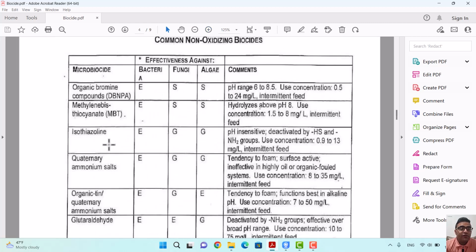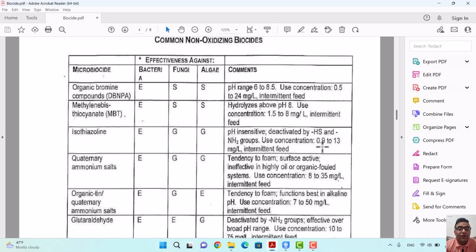I'm going to start with isothiazolone. It has excellent activity against bacteria and good performance against fungi and algae. It is pH sensitive, deactivated by H2S and NH2 groups.